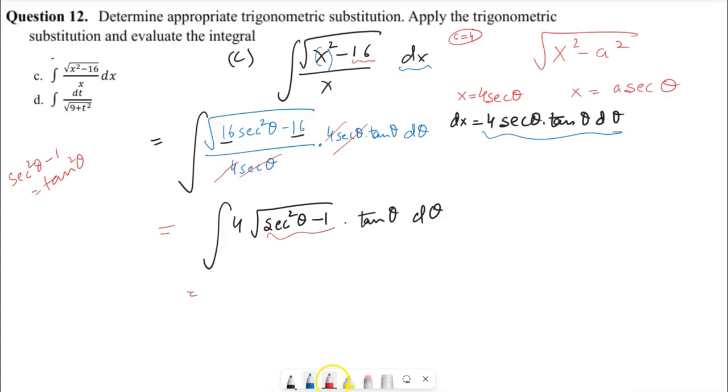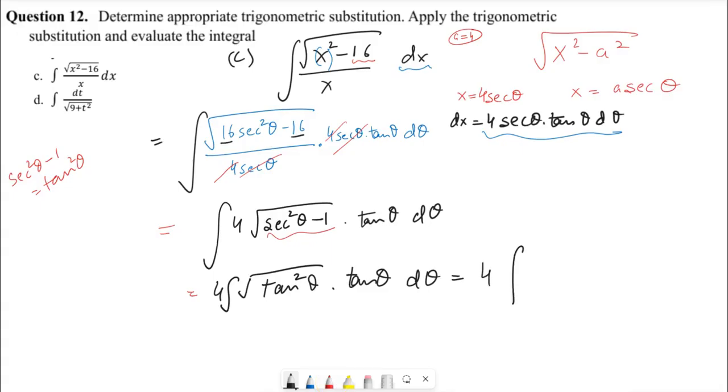So 4 comes out, the square root of tangent squared theta times tangent theta d theta. The square root of tangent squared theta is tangent theta, and there is another tangent theta outside, d theta.